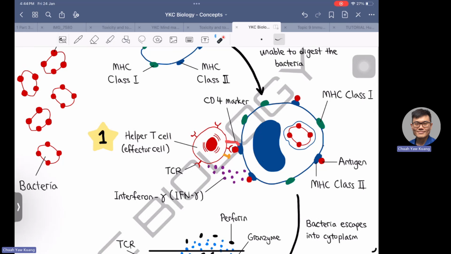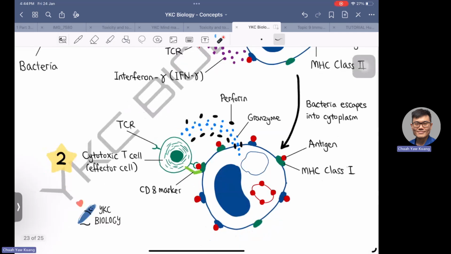However, there are also some bacteria that can still manage to escape from this. When these intracellular bacteria escape from the phagosome and go into the cytoplasm, they will be staying inside the cytoplasm of the phagocyte.